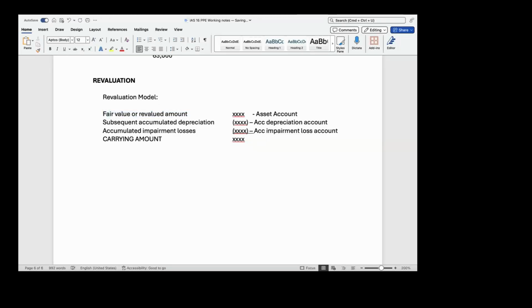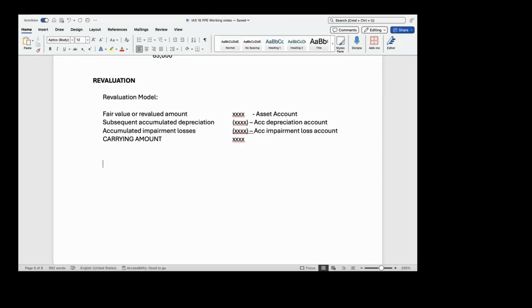So this is usually done anytime during the year, right? And this choice of revaluation model is usually used by organizations or entities that want to make sure that the value of their assets is similar to its market value or its realistic value.